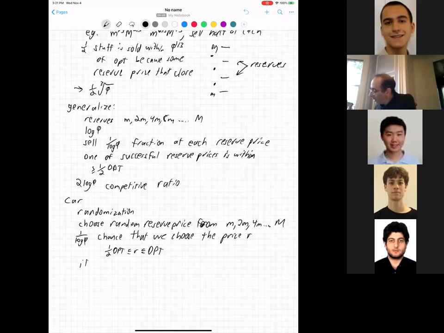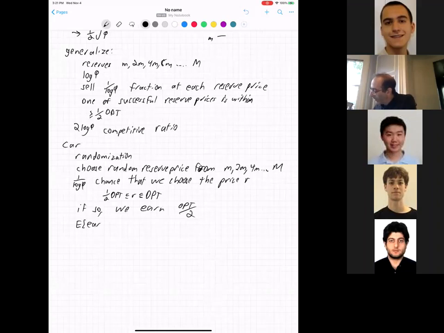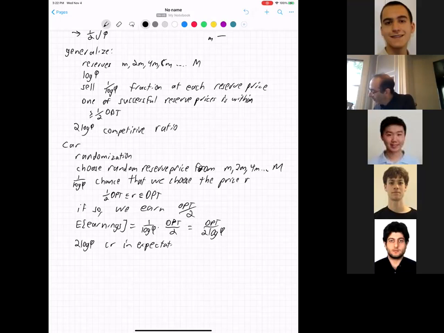And if so, we earn opt over 2, right? So the expected earnings is equal to the probability that we earn anything times the amount that we earn. And so we have a 2 log phi competitive ratio in expectation. Make sense?